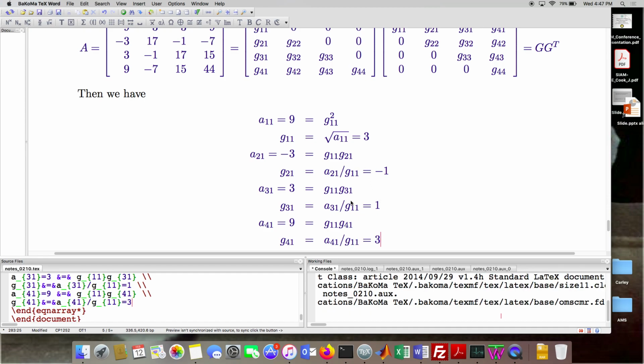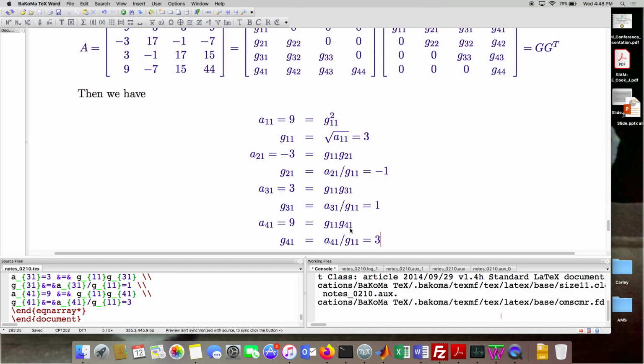So first you begin the column by taking a square root of A11, and then G21, G31, G41. Rest of the first column, you're just dividing that column of A by G11. That's it.